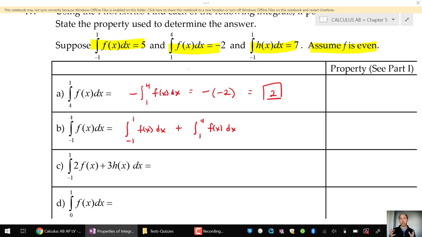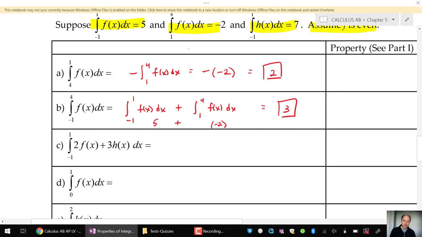And I chose that strategic breakdown because of the given information. I can write down that the integral from -1 to 1 of f of x is equal to 5. So this integral is 5 plus the integral from 1 to 4 of f is given as -2, so that value will be a value of +3. Again, using properties of integration.